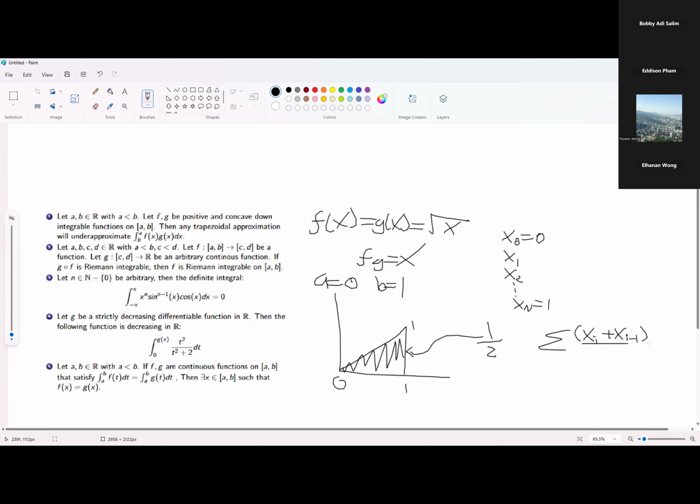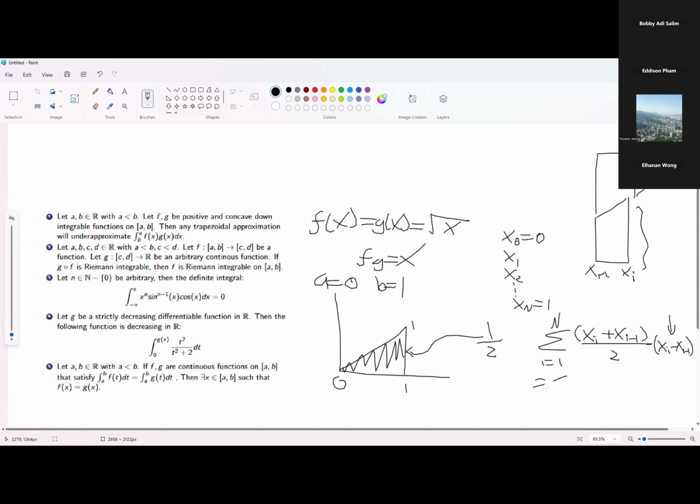This is the area of the trapezoid if we multiply it by the base. This is the base, x_i minus x_{i-1}. And we're taking the sum of this length and this length, cut in half. So that's the area of the trapezoid, summed from 1 all the way to n.